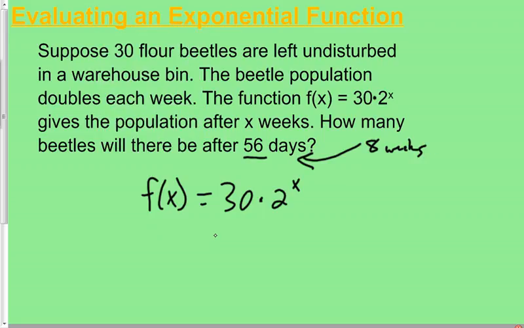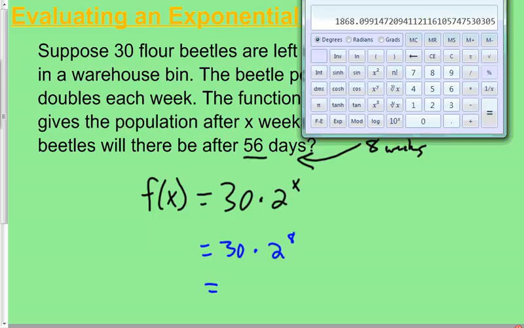So we'd have 30 times 2 raised to the 8 power. Well, we're going to take a calculator and simplify this. So 2 raised to the 8 power would be 256.